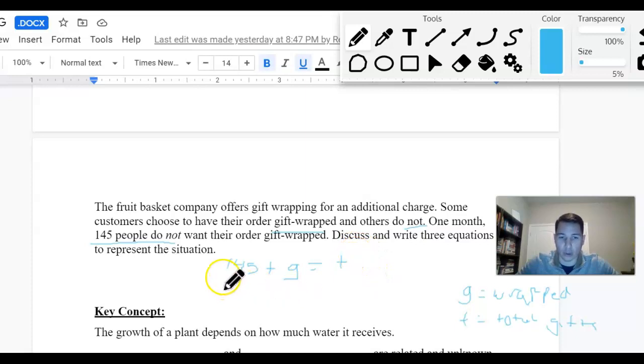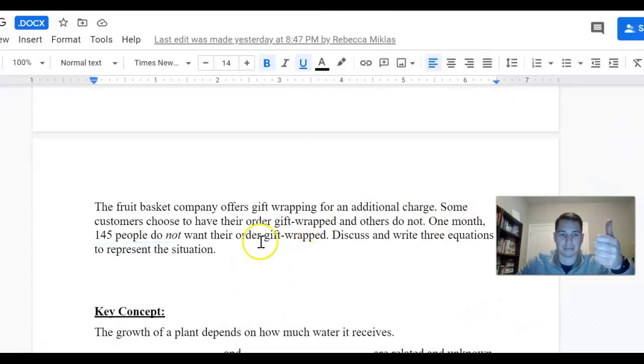Then we can use the total minus 145 is going to equal the amount that are gift wrapped. You could also have the total minus the number that were gift wrapped is going to equal 145, which is the amount that is not wrapped. Okay, so that is that one there. Hopefully you did all right. And let's move on to the next question.